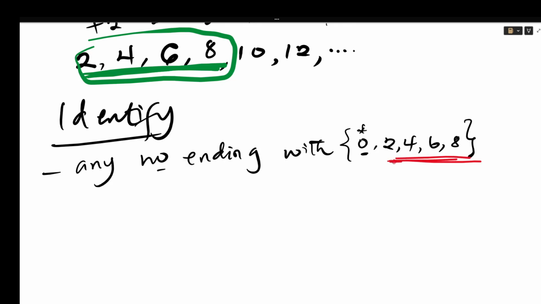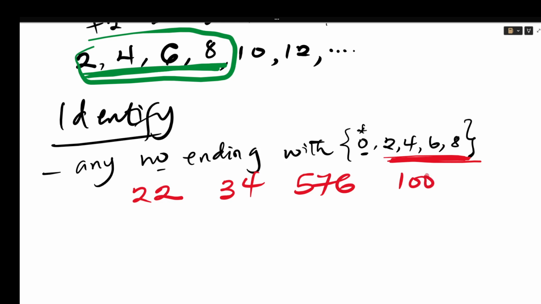So for example, 22 is an even number. 34 is an even number. 576 is an even number. 1008 is an even number.